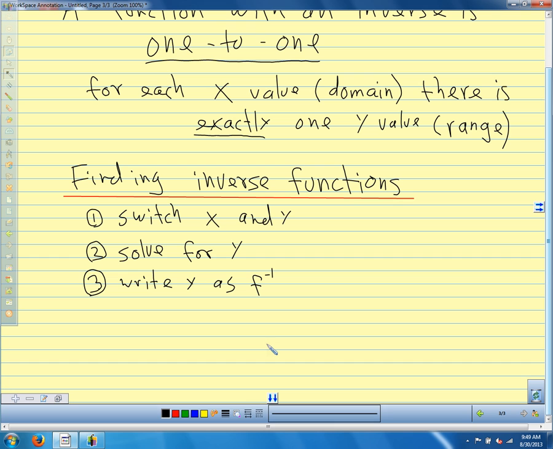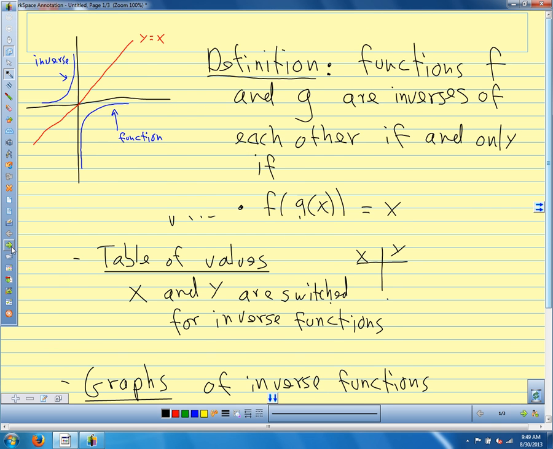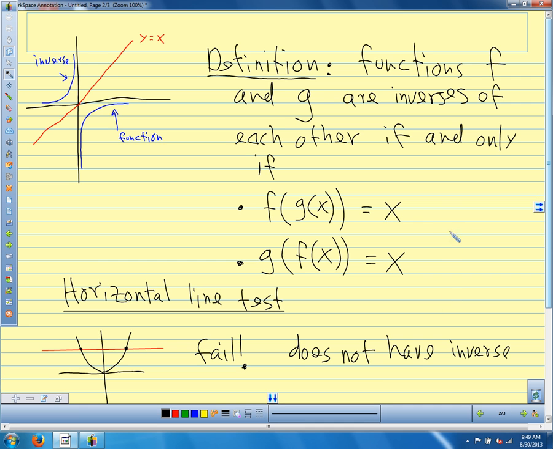f inverse. And I forgot to write that we call this notation when we have an inverse function. You might want to go back and add it here. We say that g of x equals f inverse of x.